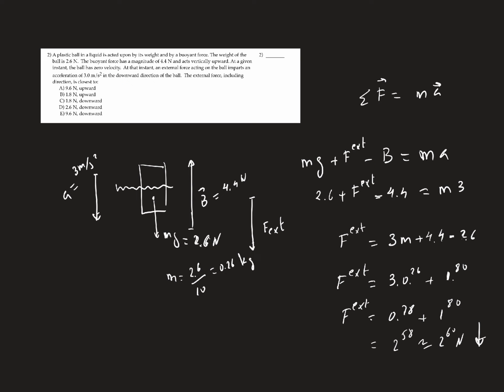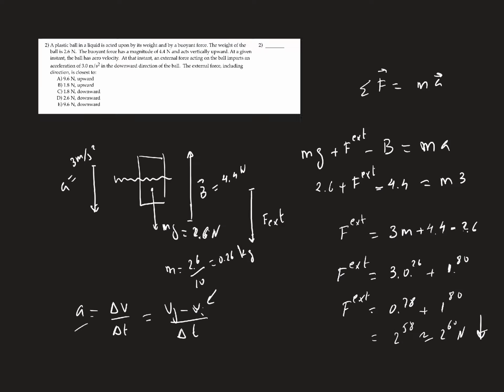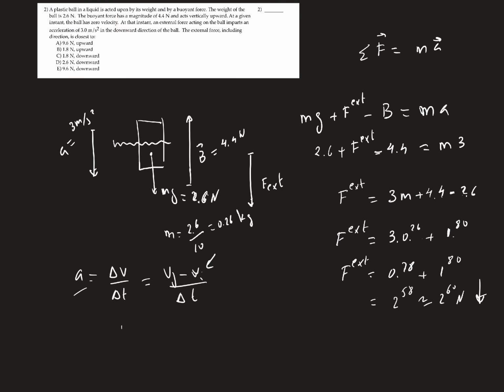Indeed, acceleration means the change in velocity divided by the change in time. It is v final minus v initial. The fact that v initial is 0 doesn't mean that a is 0, because it could be a process where v initial is 0 and v final is minus 3 meters per second. So there is acceleration.